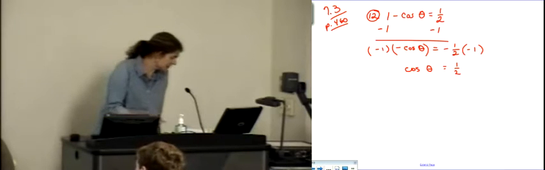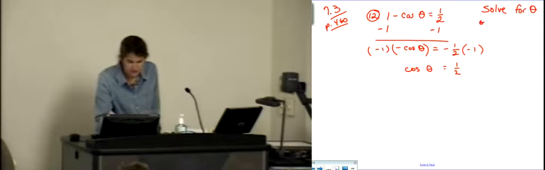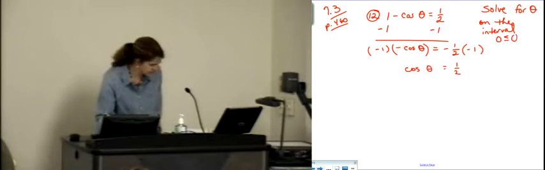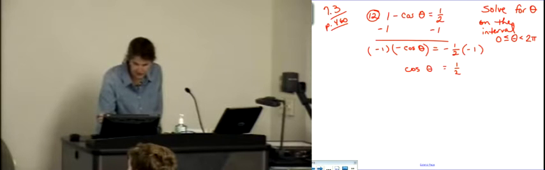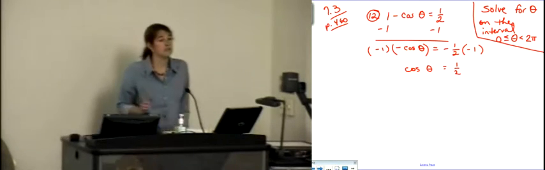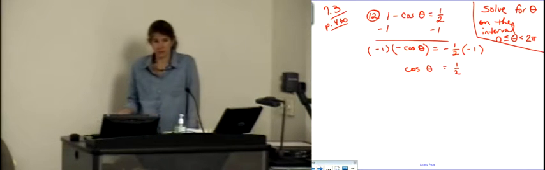Now, here's the thing. I forgot to tell you this part here. In the textbook, they say to solve for theta on the interval from 0, they've got it like this. 0 is less than or equal to theta is less than 2 pi. From 0 to 2 pi. Because with these functions, we can have an infinite number of solutions.